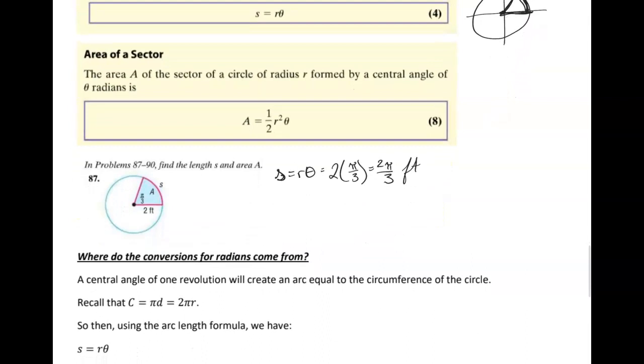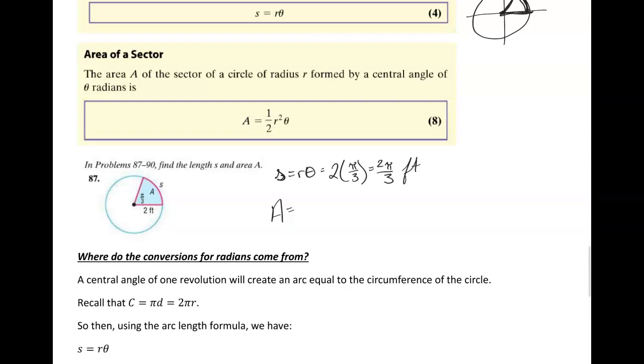Now, if we want to find the area of that pie piece, which is called a sector, the area is going to be 1/2 r squared theta. So for this one, suppose we want to find that area. Maybe this is a Thanksgiving pie, and that's really big, right? Because it's 2 feet in radius. And we want to know what the area of that would be.